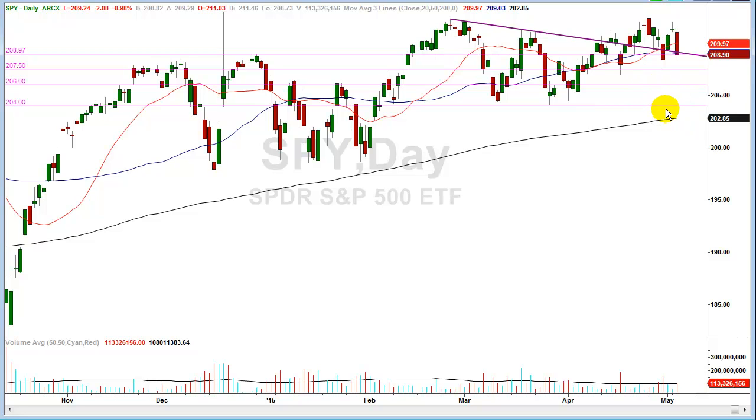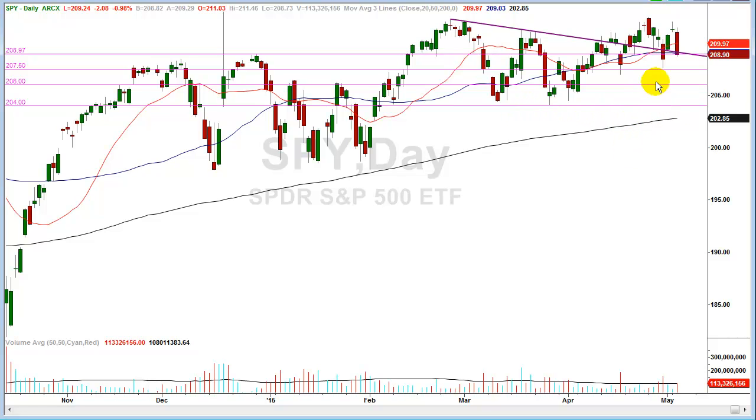That would depend on the velocity with which the market came down to that level. If it was a real hard sell on tremendous volume, then you might get to the 200 period moving average. But if it's a less than huge volume day, then you would probably stop and stall at the 204, which would provide a good level of support right here at the double bottom.